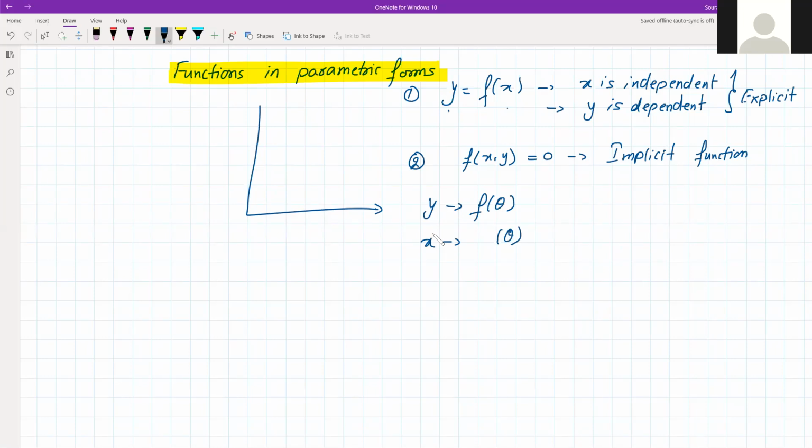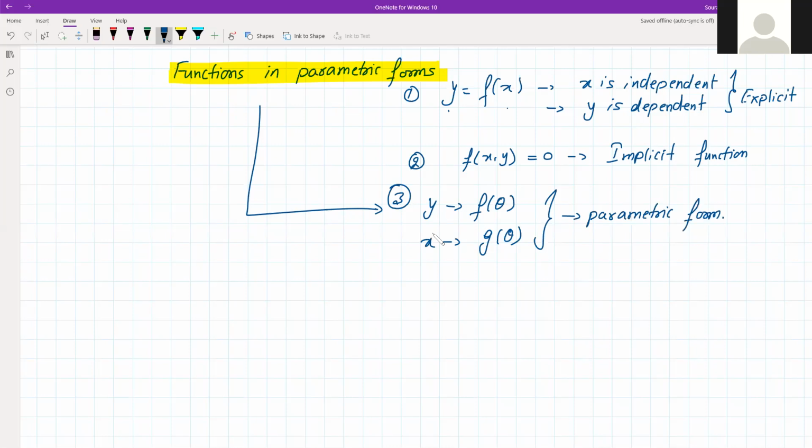These two are not directly related, but if theta changes, y changes, and x also changes. Both variables depend on theta, so these two are related, and that's why this form is called parametric form.